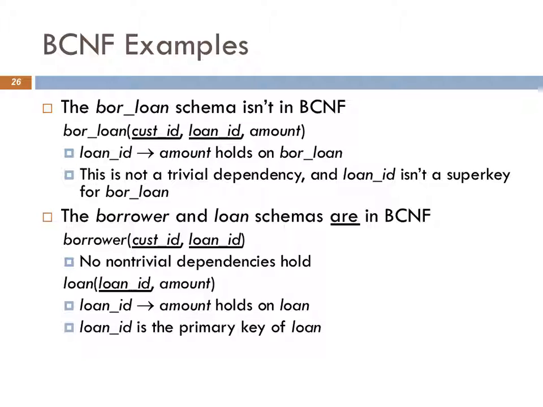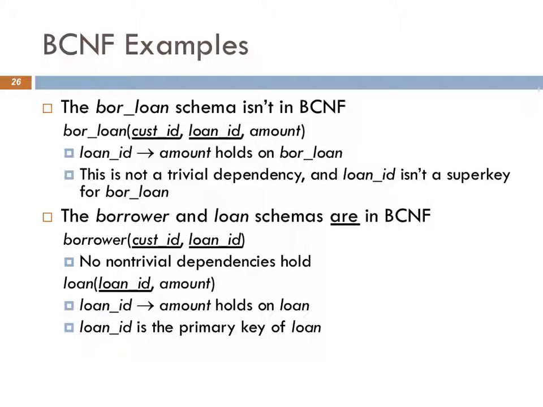Now if you looked at borrower, notice we have customer ID and loan ID as the combo primary key on borrower. No matter what set of functional dependencies you came up with that apply to that table, they're all trivial, or the left-hand side is going to be a key for borrower.